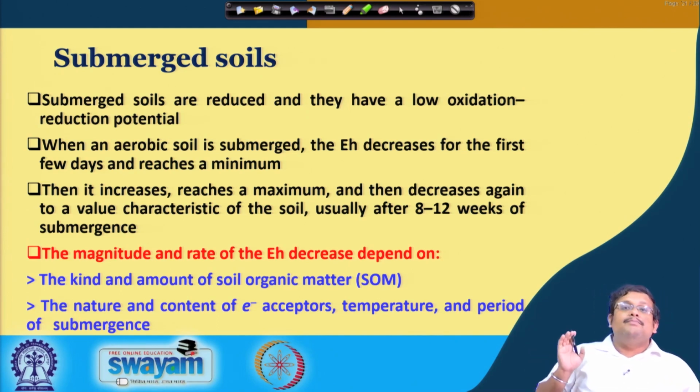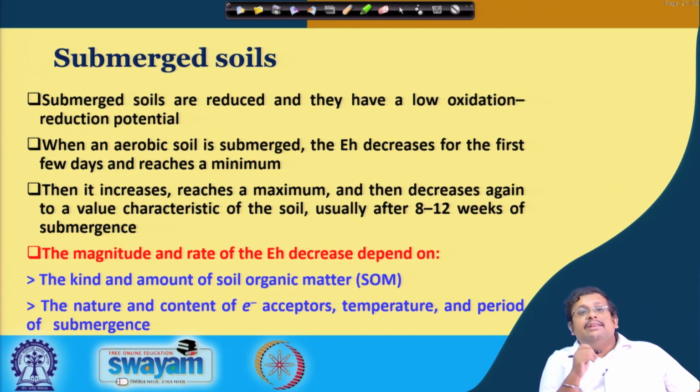The EH value will decrease for the first few days and reach a minimum. Then it will increase, reach a maximum and then decrease again to a value characteristic to the soil, usually after 8 to 12 weeks of submergence.